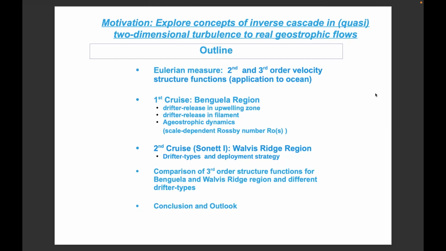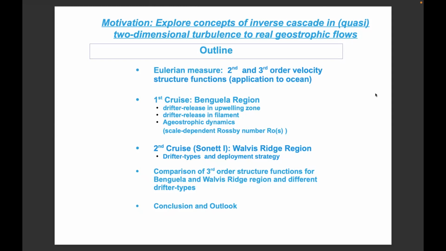The talk will be that I first explain the velocity structure functions, which are very common in the atmosphere, but not so much in the ocean, and have some constraints. I will talk about the first cruise, Benguela region, where we have 2 typical behaviors.